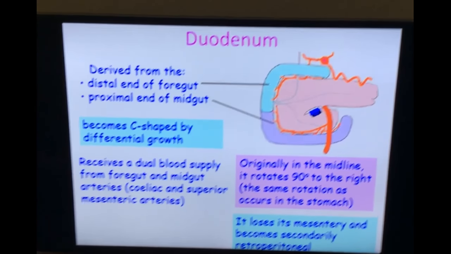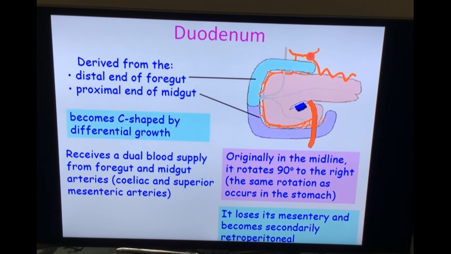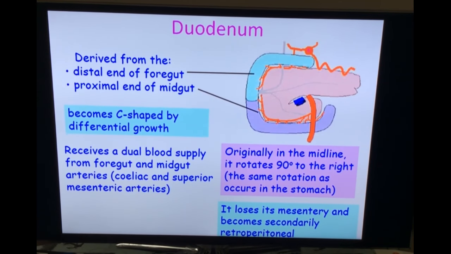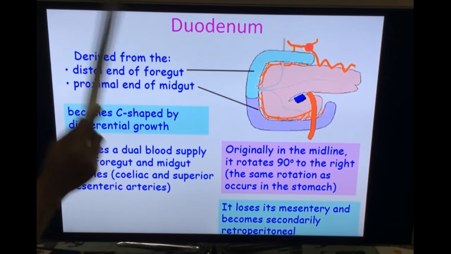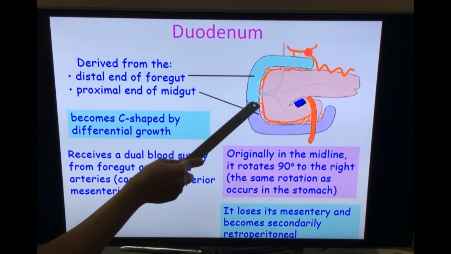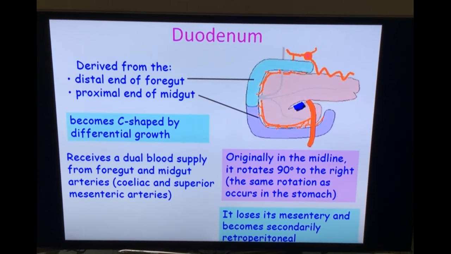The duodenum develops from the abdominal part of the foregut and also from the midgut. One half of it is from the abdominal part of the foregut and the remaining half is from the midgut.